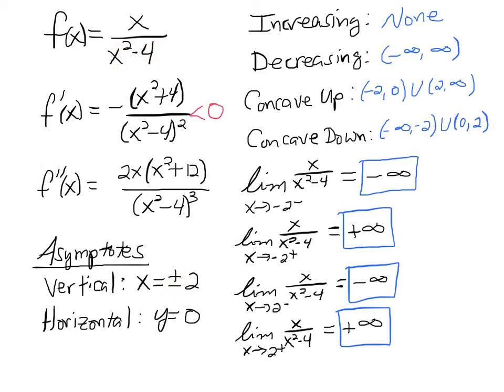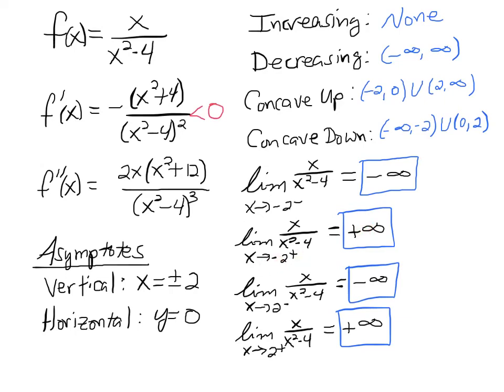You can see the vertical asymptotes by letting x go to minus 2 from the left, and x go to minus 2 from the right. We see that this function is going to minus infinity, and I can determine that by looking at test points. You can look at, for example, minus 3 and put it in there, and you'll see that you get a negative number. Similarly, for x over x squared minus 4, I look at minus 2 from the right and I get positive infinity as I evaluate that limit.